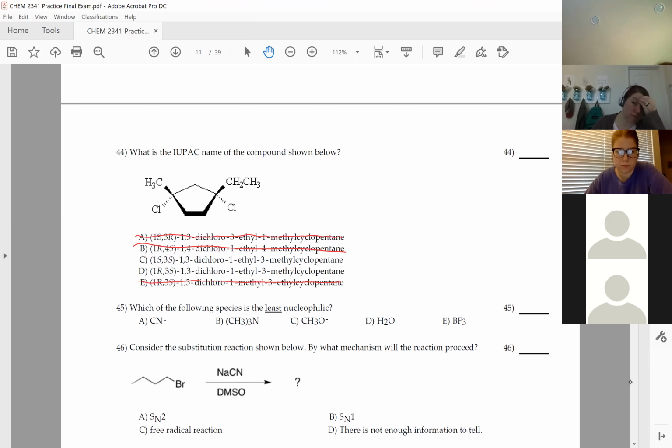So what is the high priority item on carbon number 1? Is it chlorine? All right, so chlorine is number 1. And then between ethyl, the top of the ring or the bottom of the ring, what's our next priority? Bottom? So let's go out atom by atom, right?